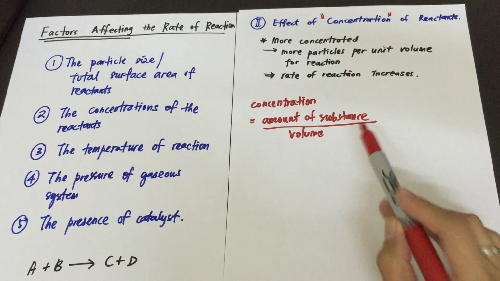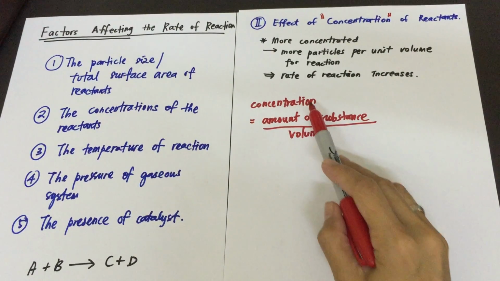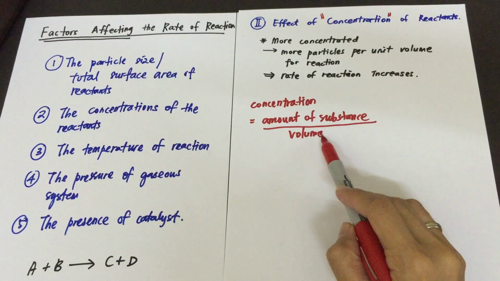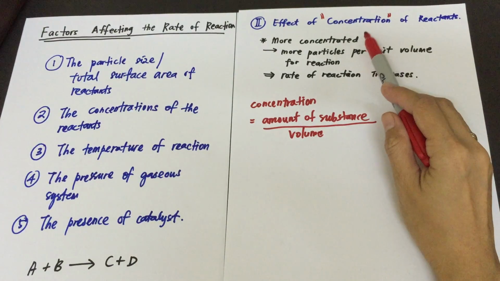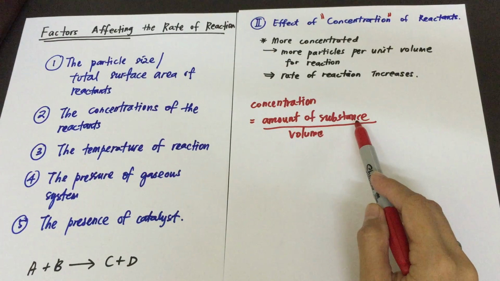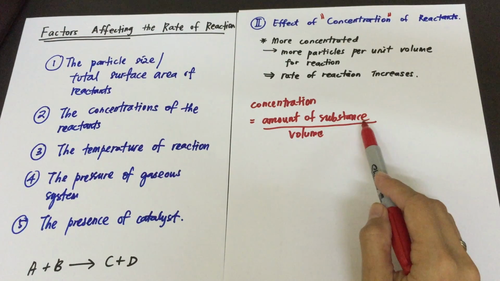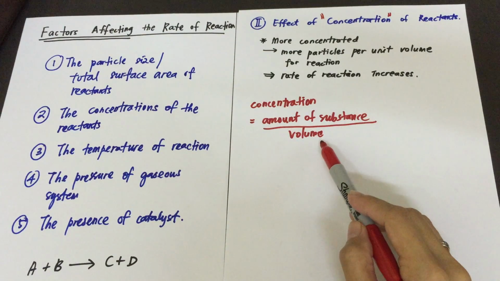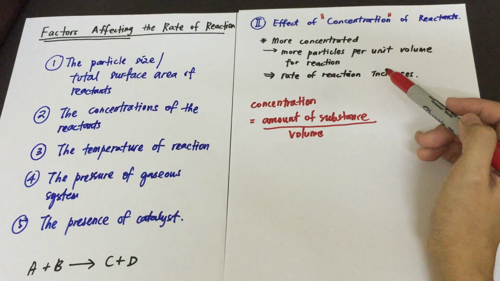Because according to the concentration equation, concentration equals amount of substance divided by volume. That means the more concentrated a solution is, the more amount of substance there will be in a fixed volume. That means more particles per unit volume.